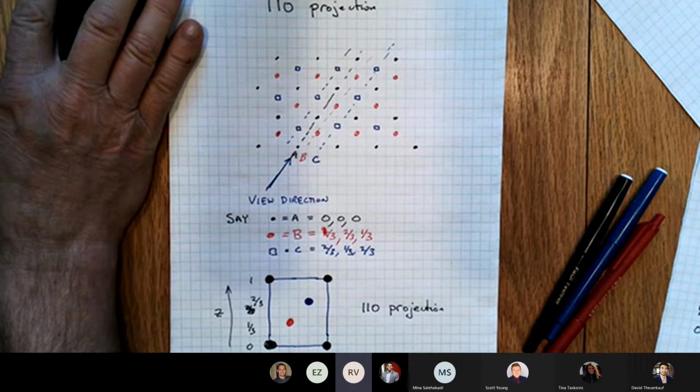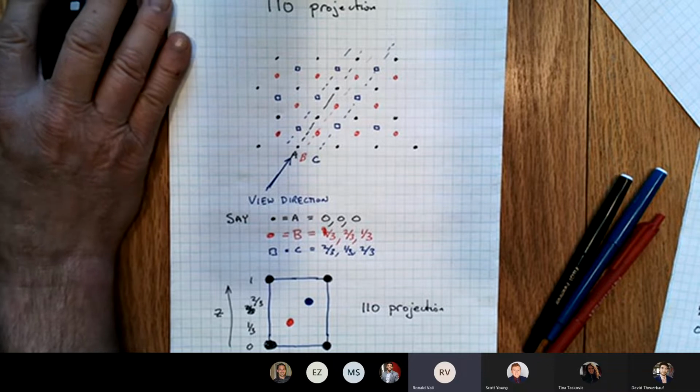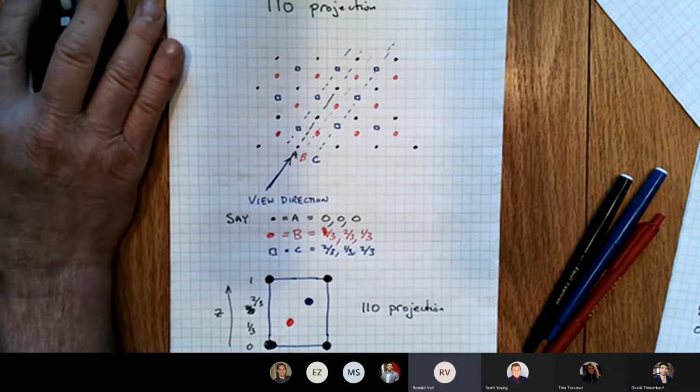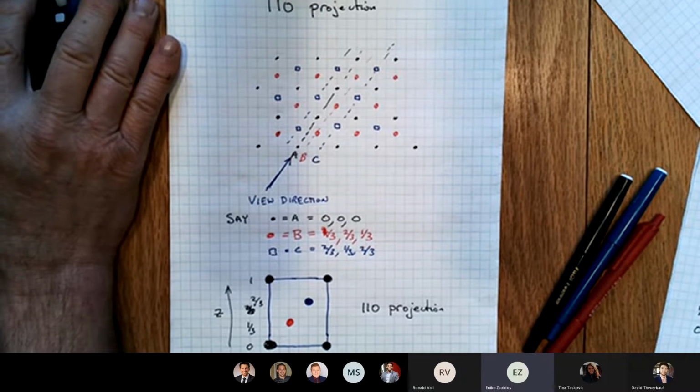Actually, I was able to switch between cameras by just clicking at the bottom where it shows all the faces and stuff. Just click on that, and then it made the document camera bigger. I think for the video recording, however, it defaults to the PowerPoint. So from last session when you were writing on the document camera, we couldn't see it, or it was in like a small screen on the side.